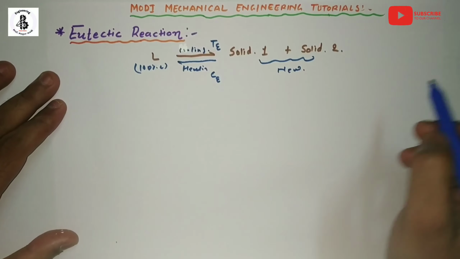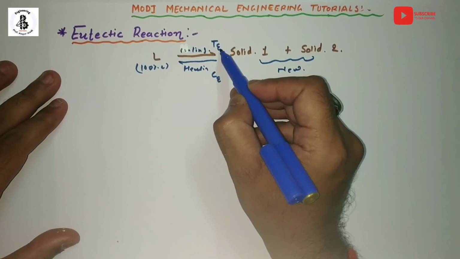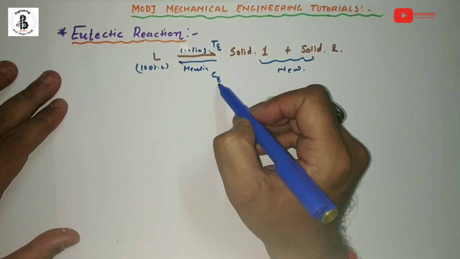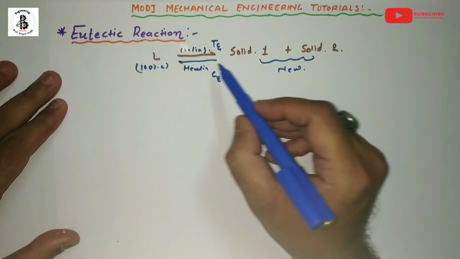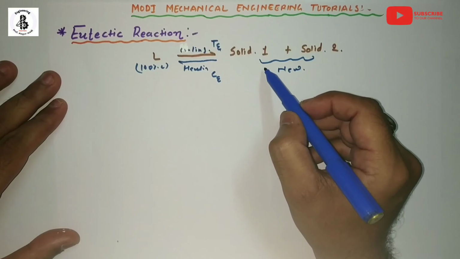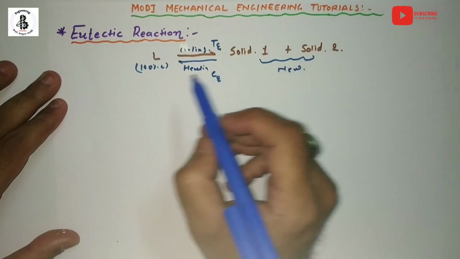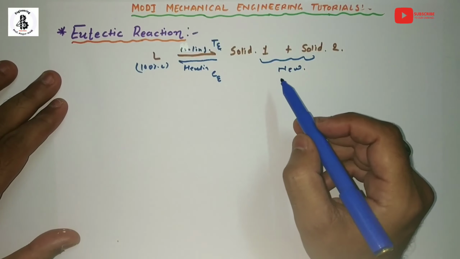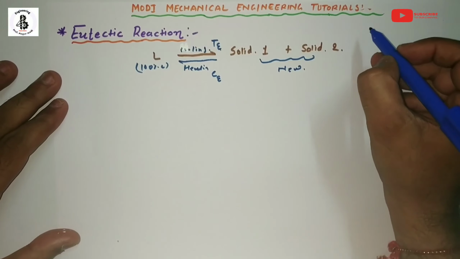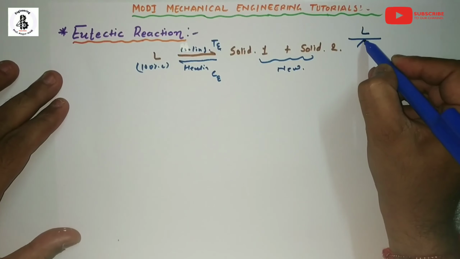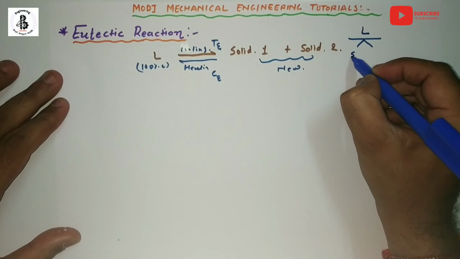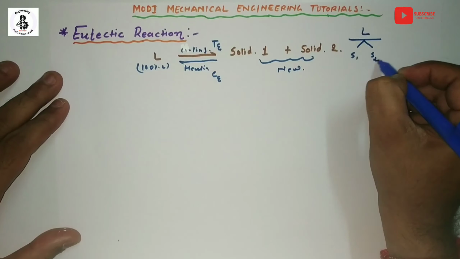So in a simple way, at the eutectic temperature and eutectic composition, all the 100% liquid transforms into two new solids. That is a eutectic reaction. So you can note it down like this: 100% liquid transforms into solid 1 and solid 2.